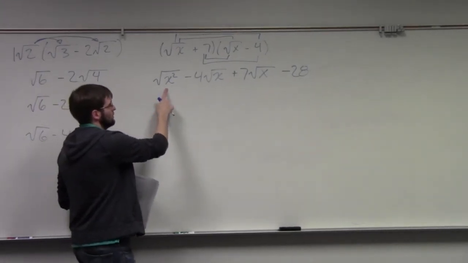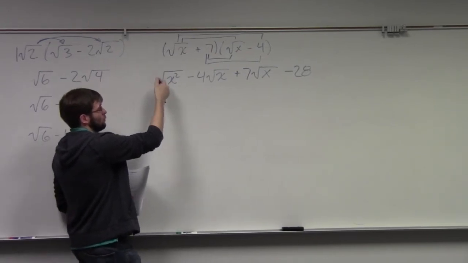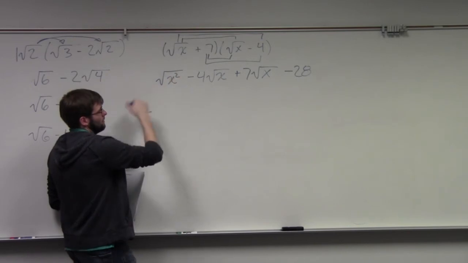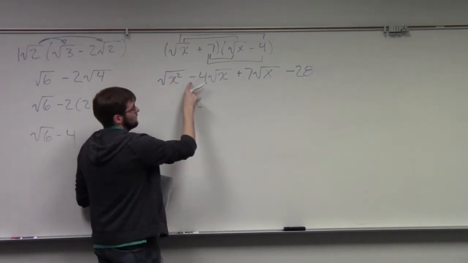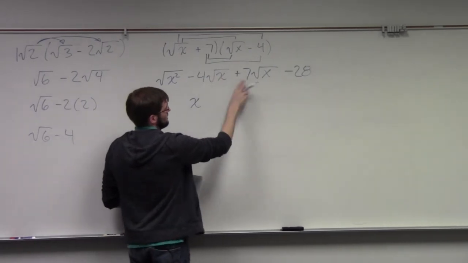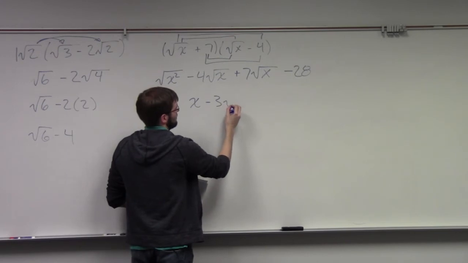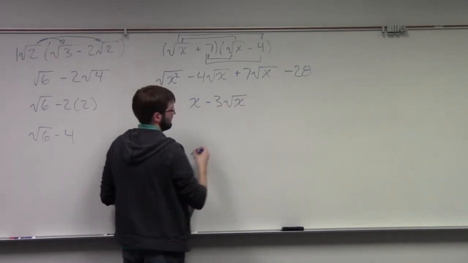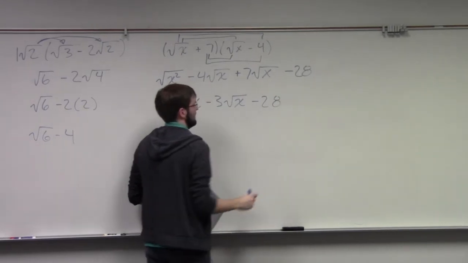So this one simplifies to what? Remember it's a square root, so you divide the exponent by 2. So 2 divided by 2 is 1, so I have x. Here the radicals are the same, so negative 4 plus 7 gives me 3 square root x. And over here I just have negative 28. He's just hanging out at the end.